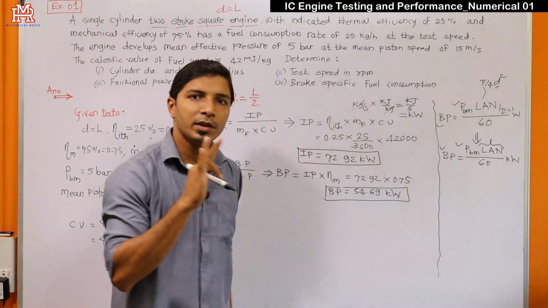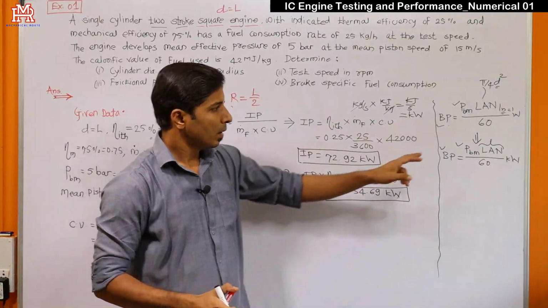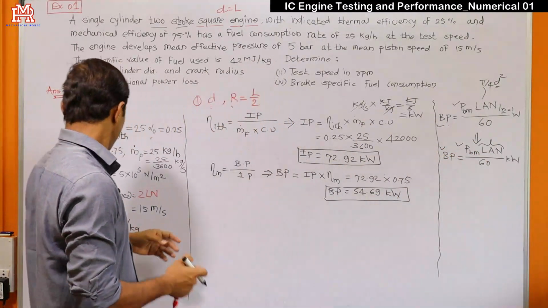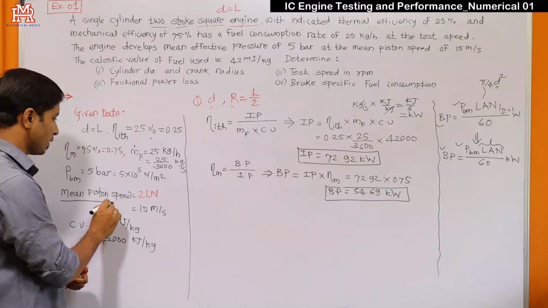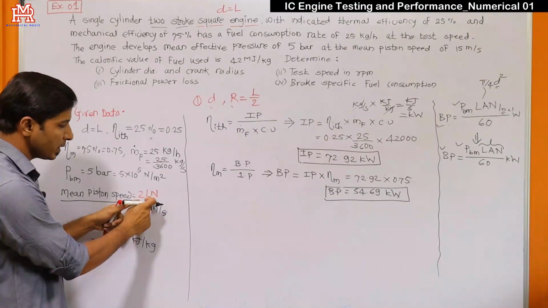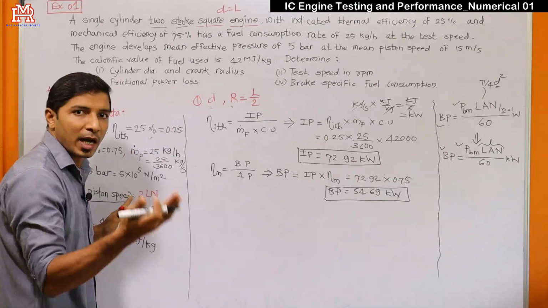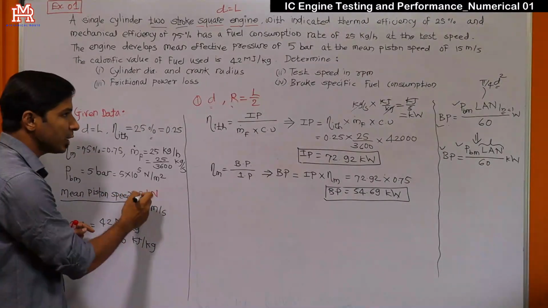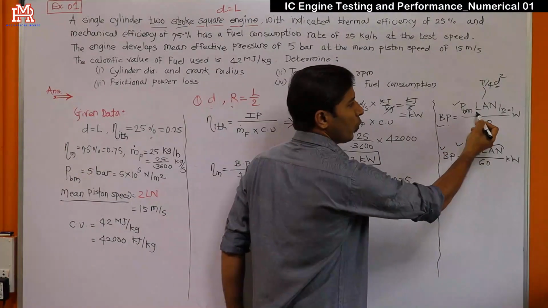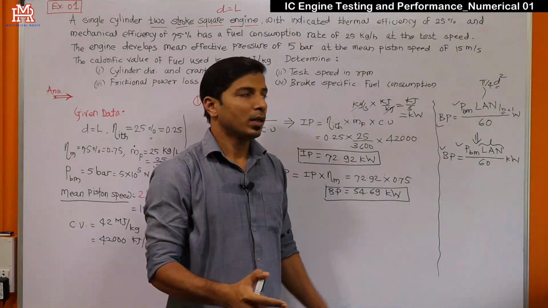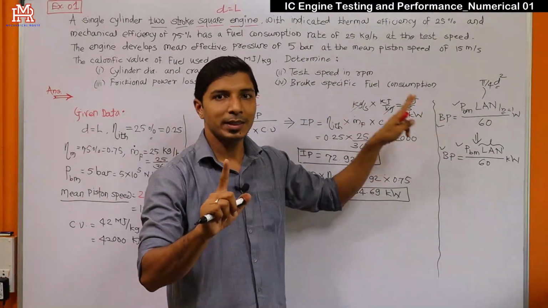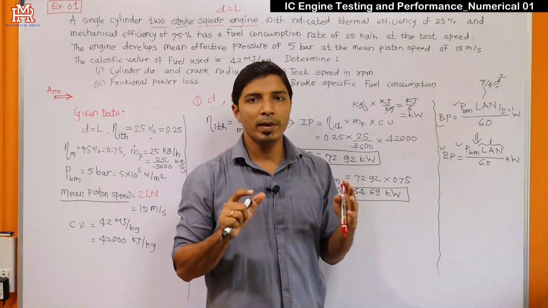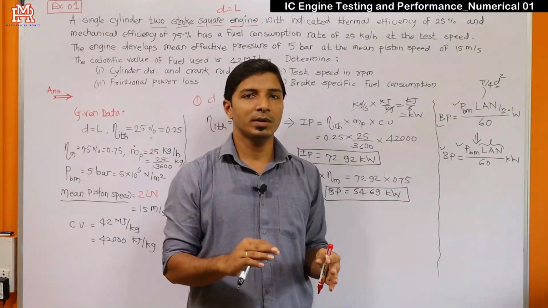So there are basically three unknowns. But piston mean speed is given. See, this parameter is given, mean piston speed, which consists of this term 2LN. So you can transfer this 2 to the denominator and you will be getting this value for LN. Then definitely there will be only one unknown, which is area. In that area we will have this unknown d, small d. So you will be able to calculate the value of this d.